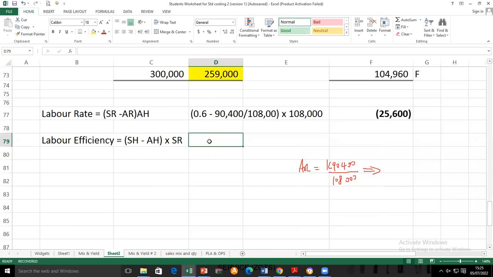Standard hours minus actual. We'll produce how many units?